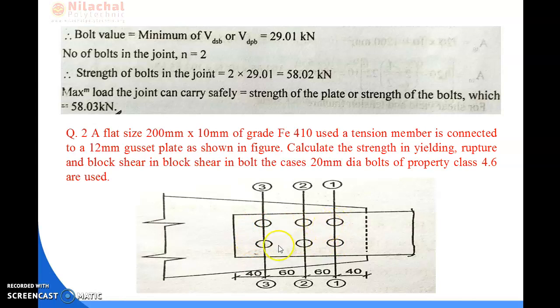If we draw a vertical section along the plate by which the bolts are cut in the perpendicular direction to the plate section, you see here 2 bolts are there, then here also 2 bolts, and again here also 2 bolts. So we can say that the number of bolts in each critical section is 2.